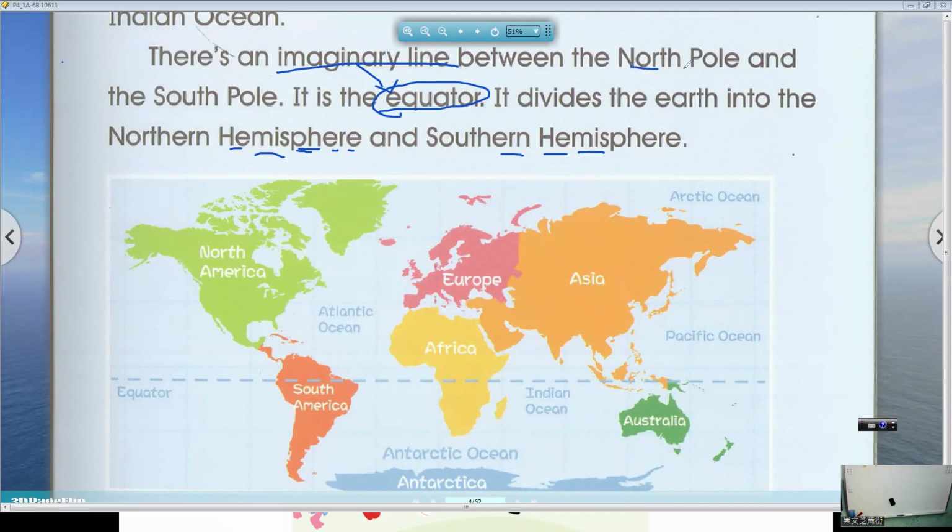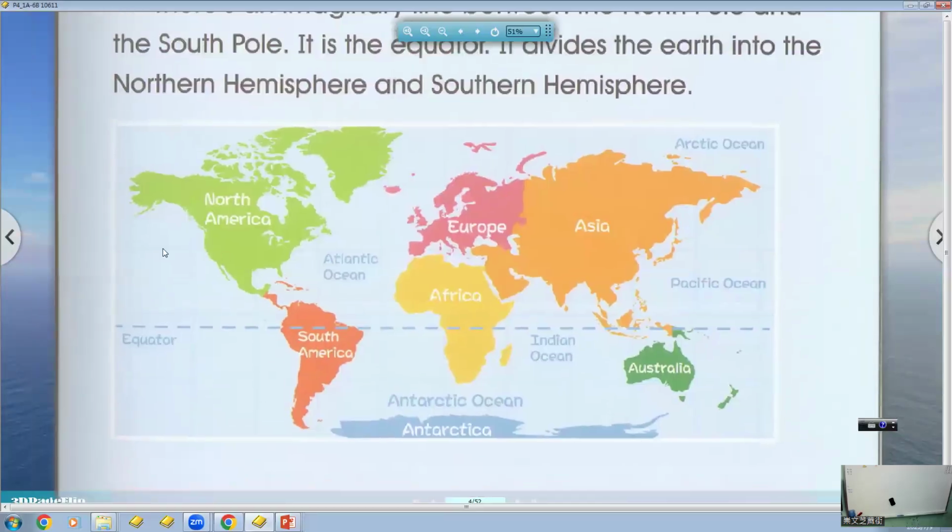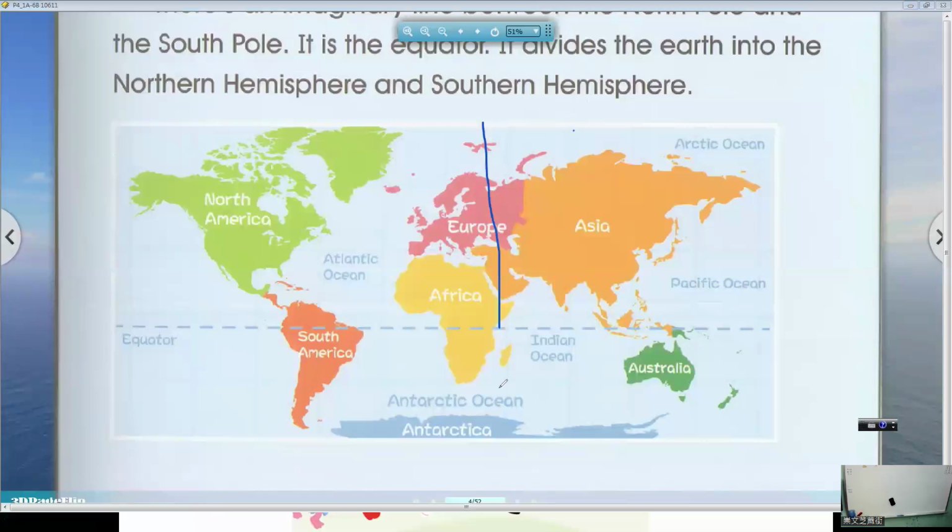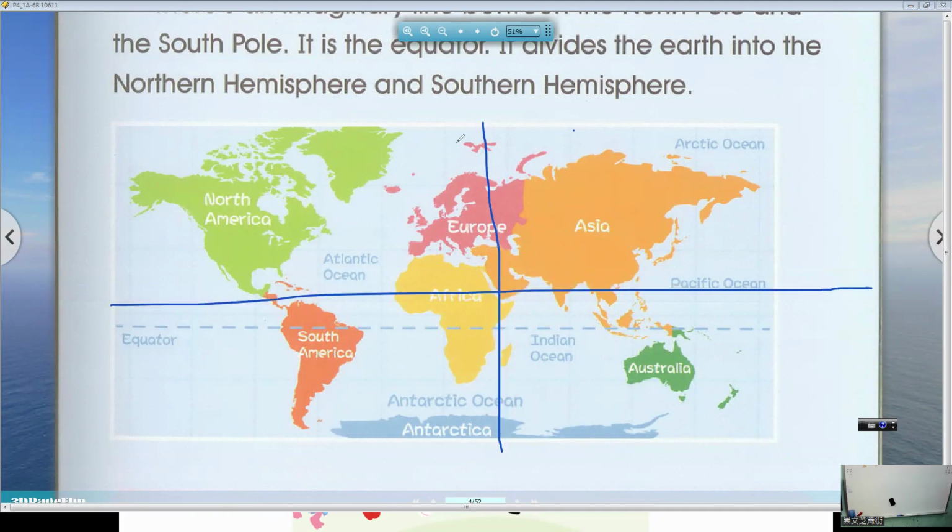Okay, so I will just draw. This is your North Pole, so north part, and this is your South Pole.